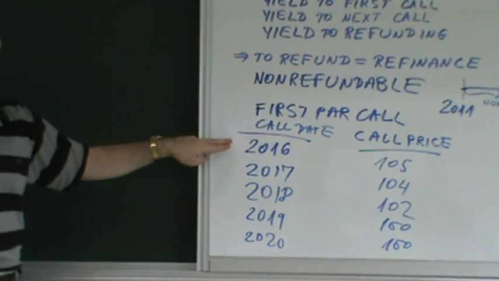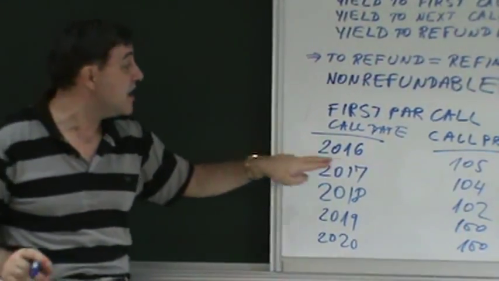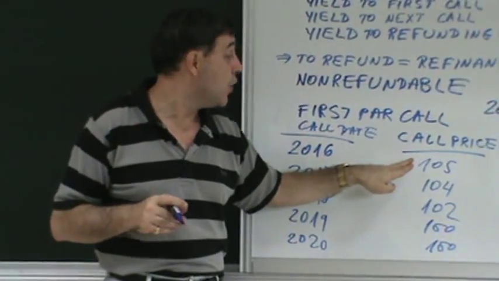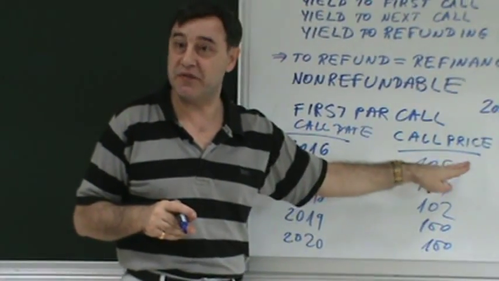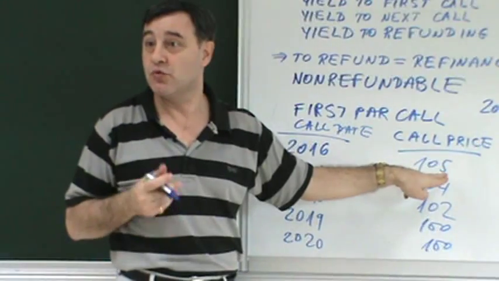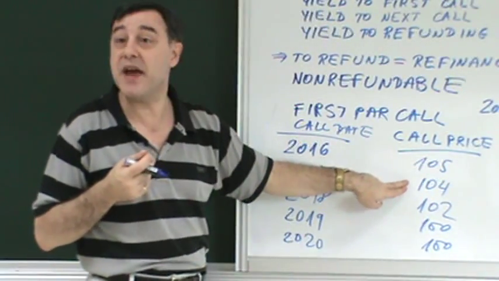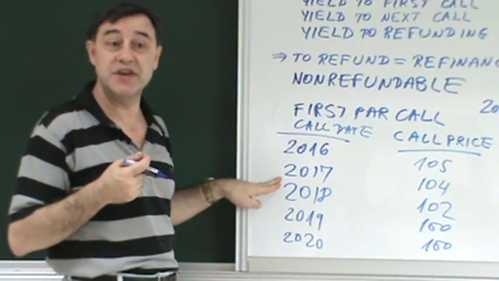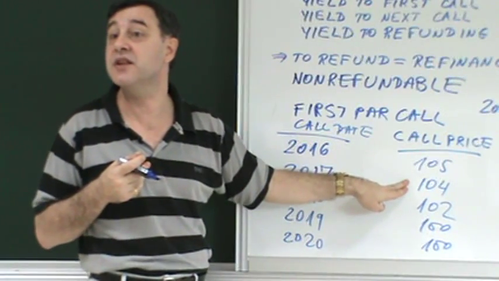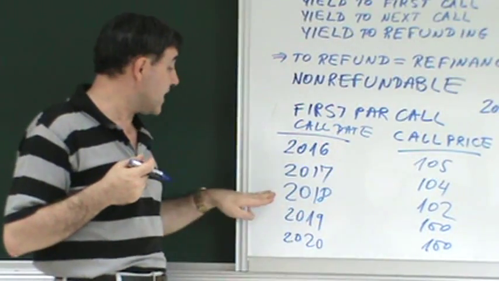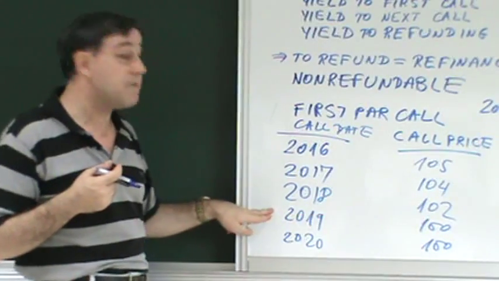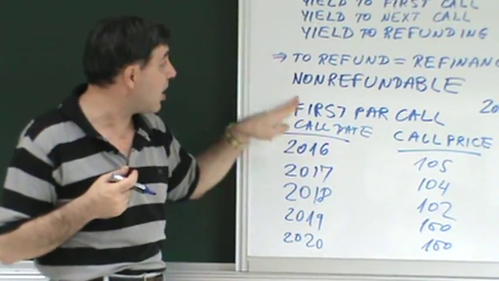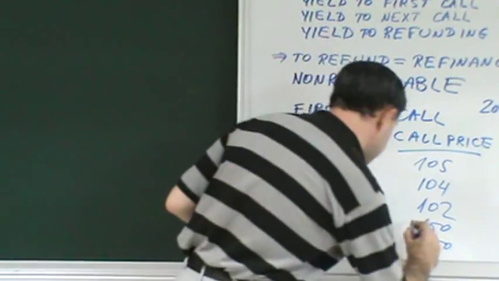All right? So if they want to call it in 2016, they must pay you 1,050. Price call is quoted as 105. Well, if they call it in 2017, they must pay you 1,040. So the first par is this.